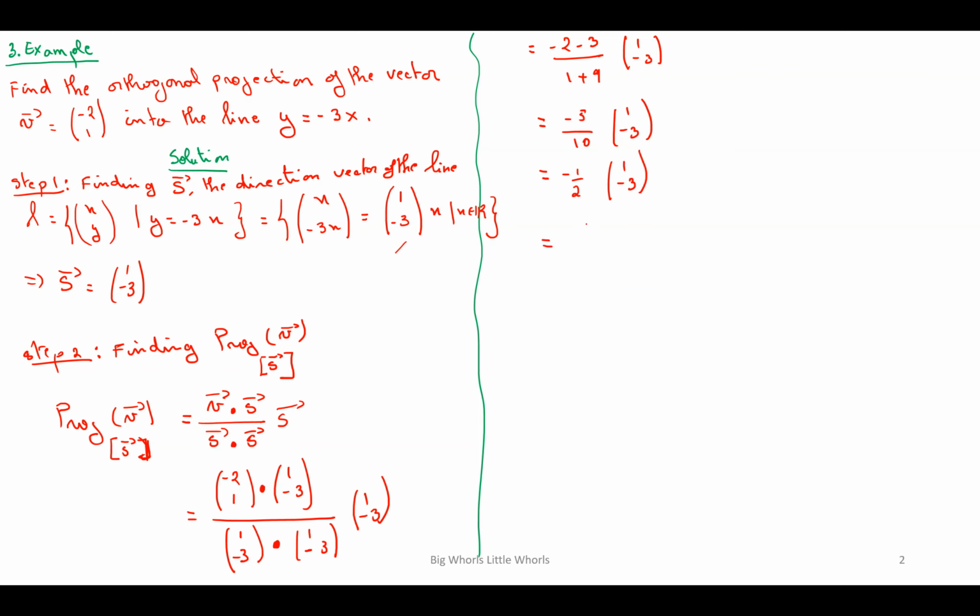So finally we get (minus a half, 3 over 2). This is the orthogonal projection of the vector V into the line spanned by the vector S. We are going to stop here and continue in the next video with the Gram-Schmidt orthogonalization. Okay, thank you.